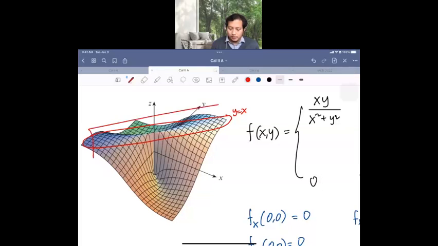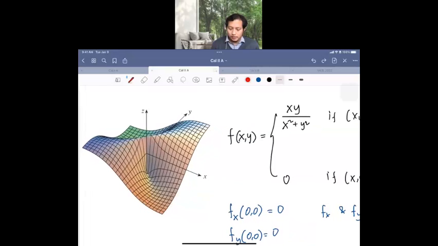Is it here or is it below? It's difficult, because the partial derivatives for x and y are not continuous. That's the problem.